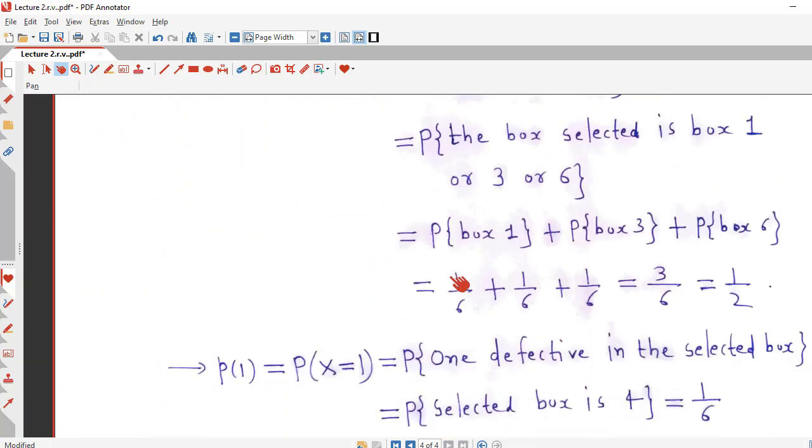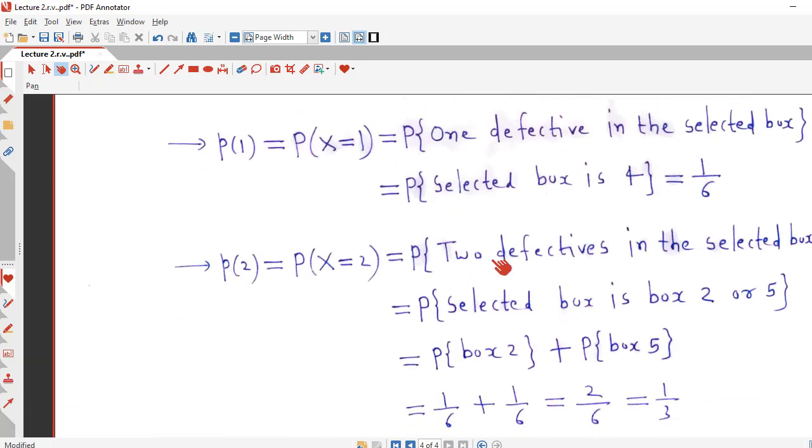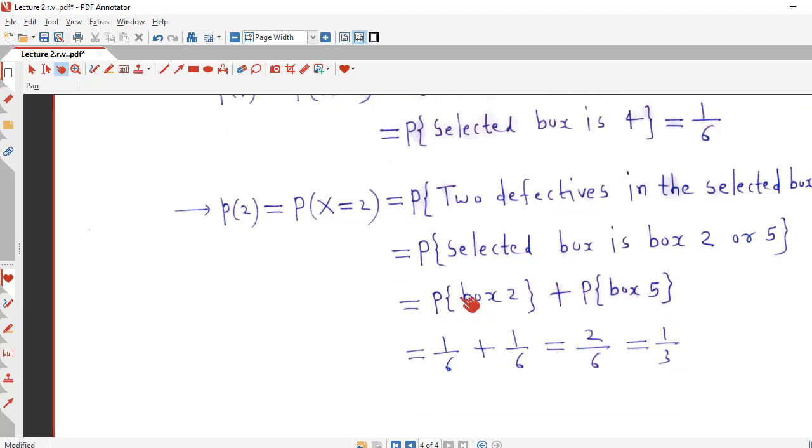So that event, 2 defectives in the selected box, is equivalent to the event selected box is box 2 or box 5. Again these 2 are mutually exclusive events. So probability of box 2 or box 5 is nothing but probability of selecting box 2 plus probability of selecting box 5, and probability of both the events is 1 by 6, so it is 2 by 6.